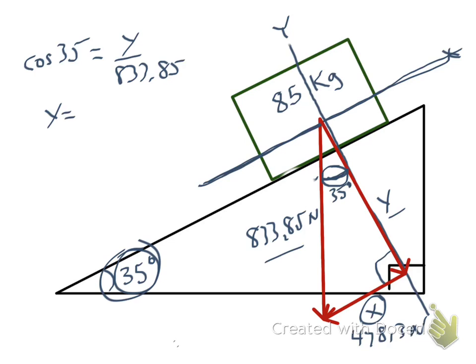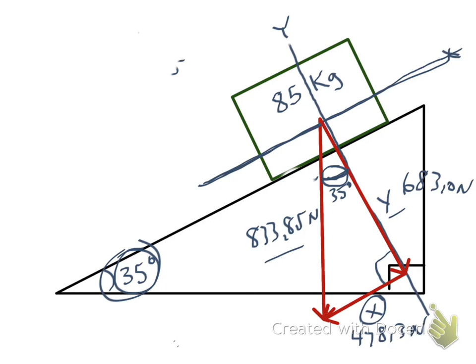When we solve for y, we end up with 683 newtons. So the y is 683 newtons. What we've done is taken the force of gravity of 833 and split it, pretending it's two separate forces of 478 and 683, and look at those individually.